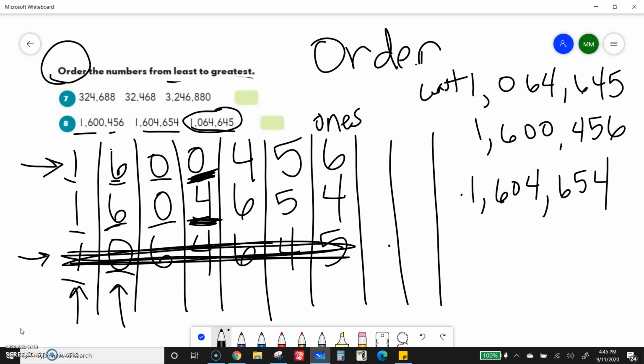Now if I just stop and look at those numbers, let's see if it makes sense. Well, they all have 1 million. This one is only 64,000. This one is 600,000. This one is 604,000. So that makes sense with what I found when I lined them all up. You always want to look back and say, does that make sense? Does that match with what I would expect? Or is something off and I should fix it?